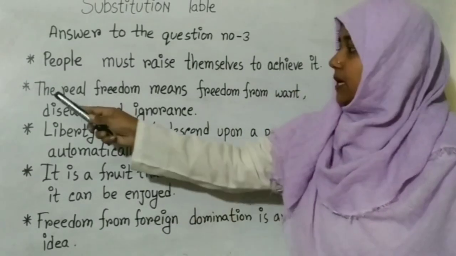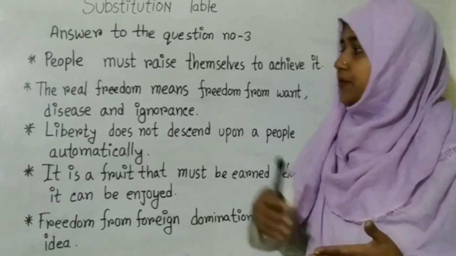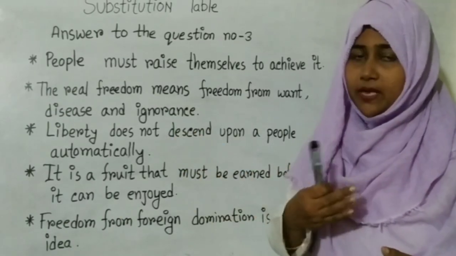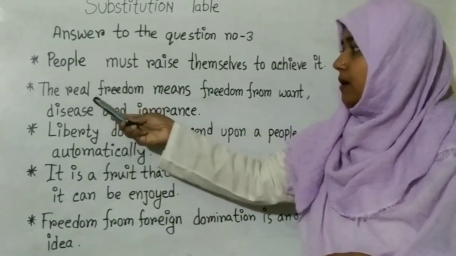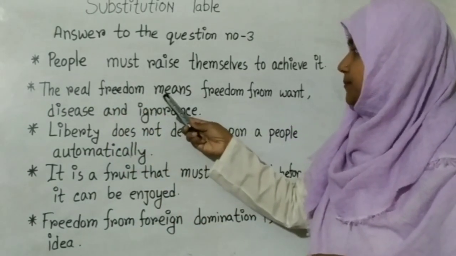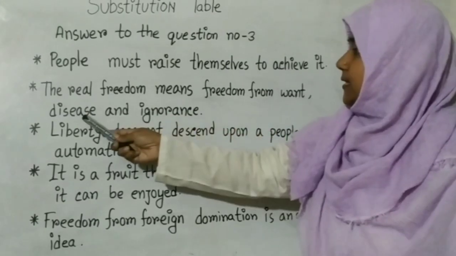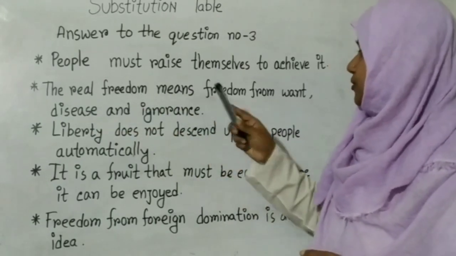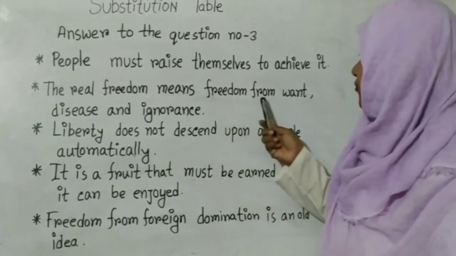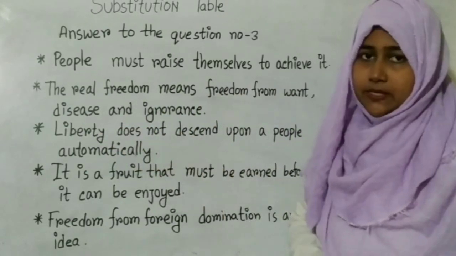And then the real freedom. What is the demand of real freedom and what do we mean by real freedom? Here is the meaning. The real freedom means freedom from want, disease and ignorance. The real freedom means you should get freedom from want and disease and ignorance.